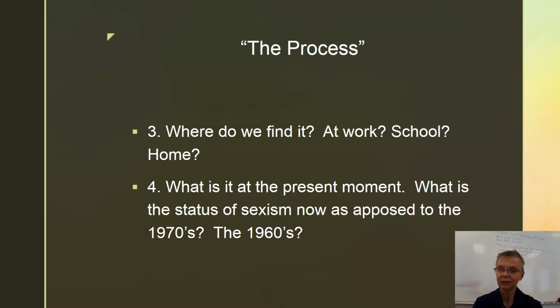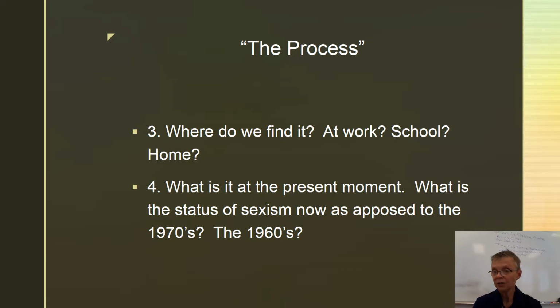No, it's almost exactly the opposite now, as opposed to when I was growing up. Perhaps comparing the present-day status of the topic you're defining to the past might help increase the level of your reader's understanding.